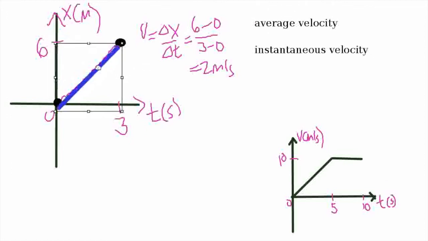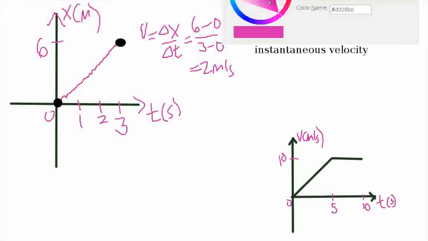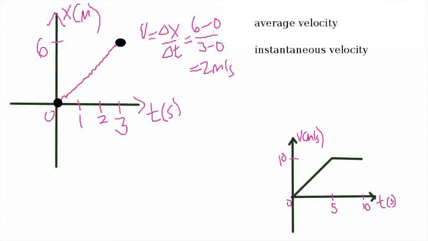On the other hand, what if you said, I want to know exactly what the velocity was at t equals 1 or time t equals 2? Then you need to get a microscope and look right in that region around t equals 1.